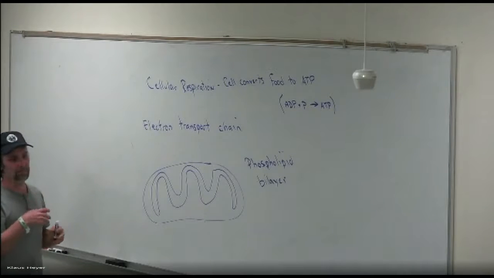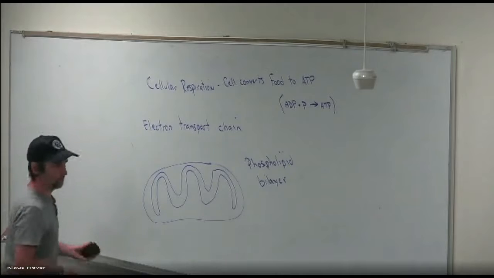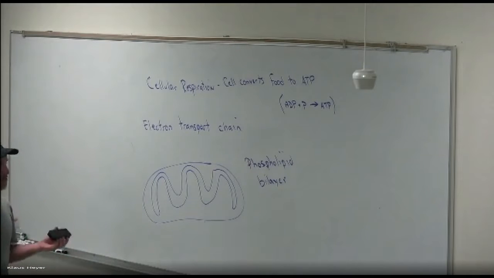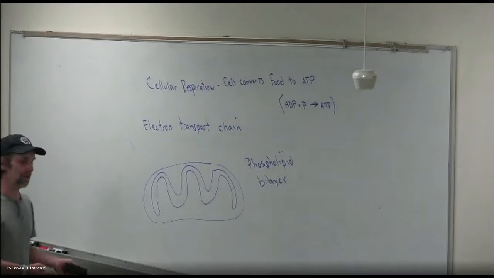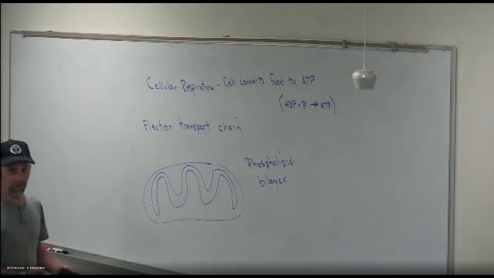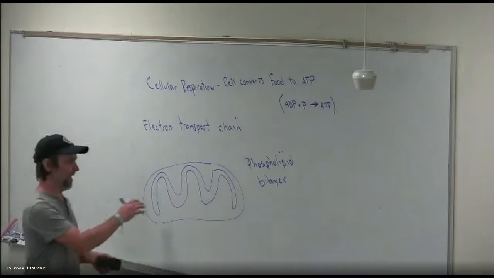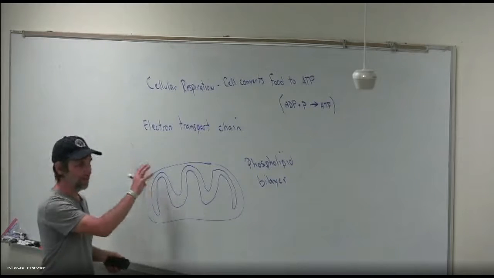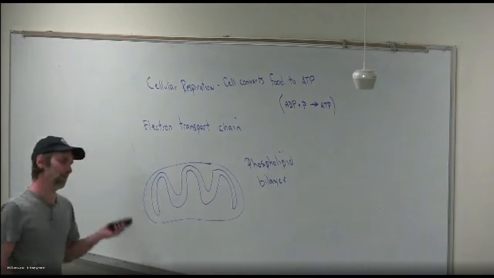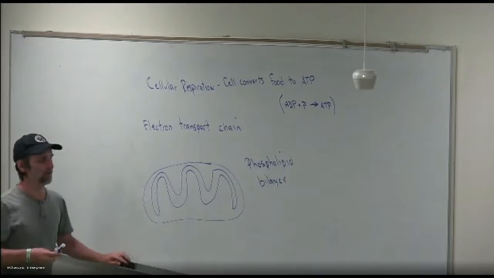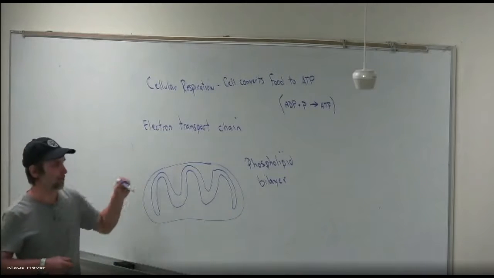There are evolutionary theories about how we ended up with eukaryotic cells 2 billion years ago, and the answer is probably lying in this particular organelle, the mitochondria. But anyway, what we need to care about is that there's an inner membrane and an outer membrane.